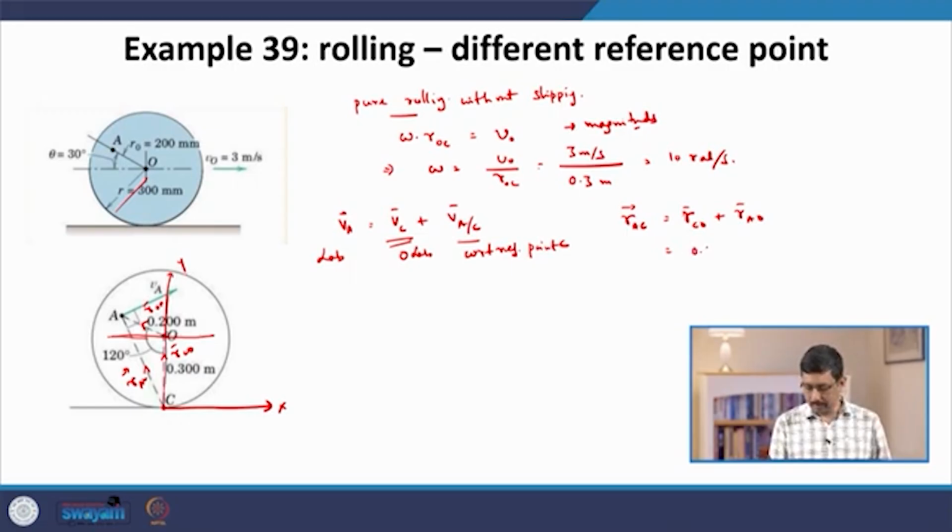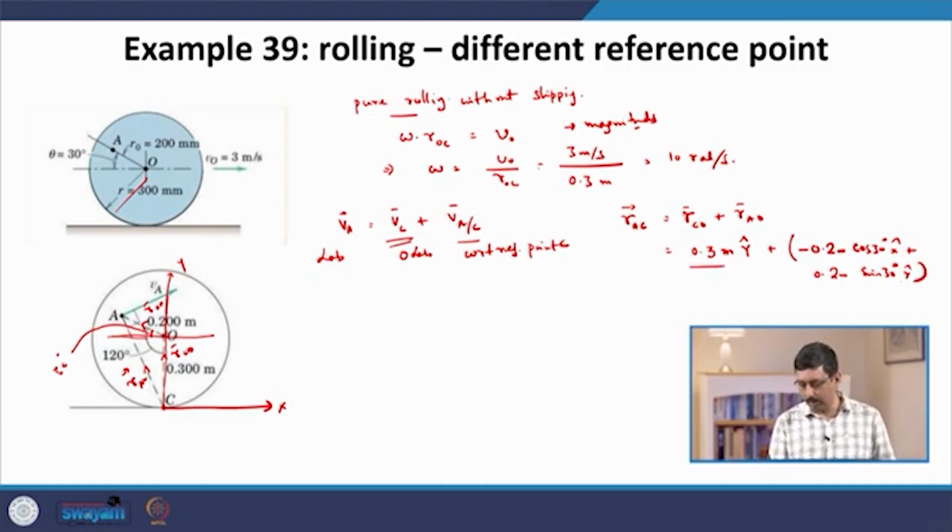then RCO is 0.3 meter times y hat, and how much is RAO? It has two components. This angle must be 30 degree from the geometry. So, one component is minus 0.2 meter cos 30 degree x hat plus 0.2 meter sin 30 degree y hat.